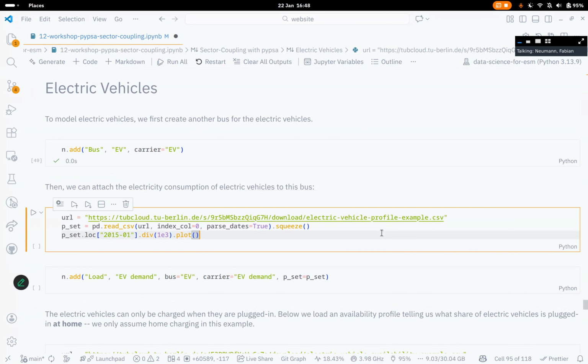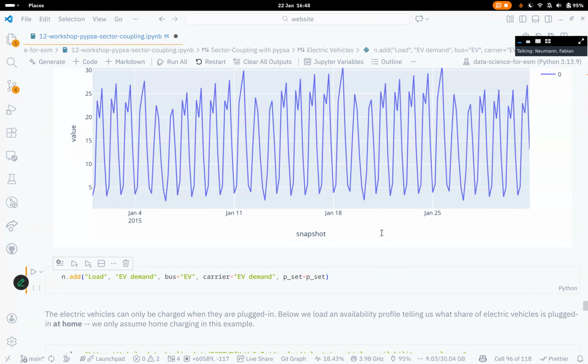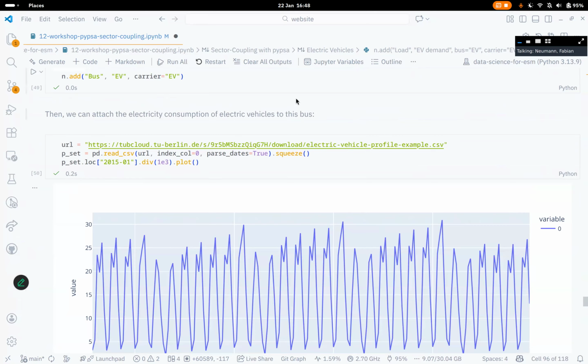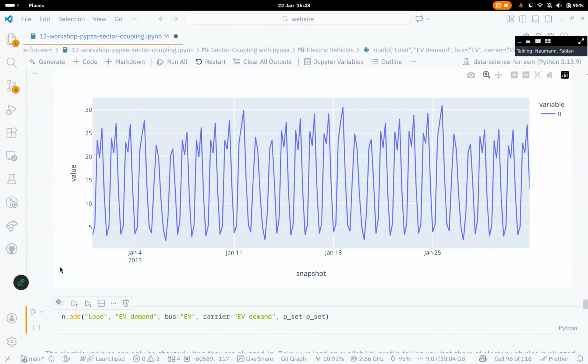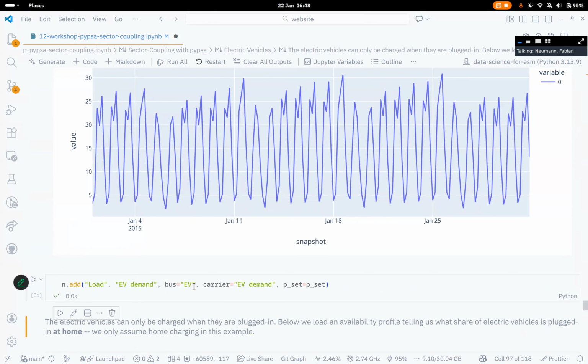And what we need now is some profile of the electric vehicle consumption. That's already a profile here in gigawatts that we just assume with a certain size of the fleet and certain mobility patterns. But let's just assume that is the power that is actually consumed by the vehicle when it's driving. And we can add this to the EV bus as a load.